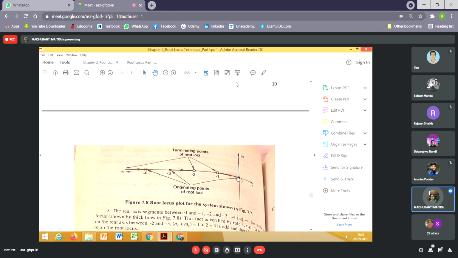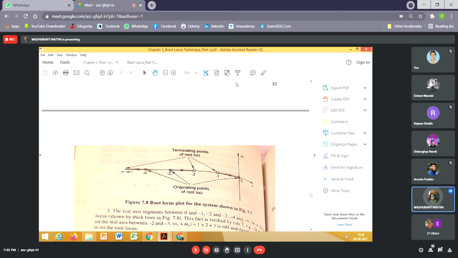The root branch will move along this direction, in the direction of the arrow. In a root locus sketch, arrow directions are marked. So this root branch will move like this, and ultimately it will terminate onto this open loop zero.